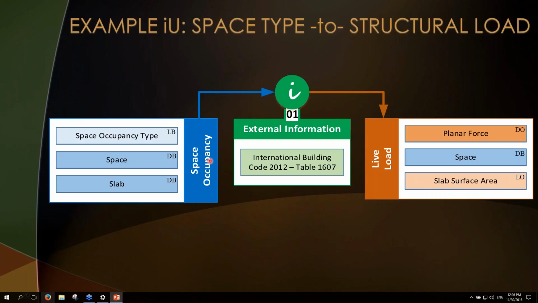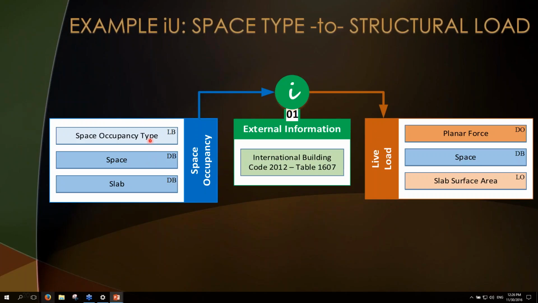So we know we have codes. In code, it says if it's a bedroom, this is the amount of live load you have to apply to your structure, to your floor system. So we want to automate this load assignment in this interpretation unit. So we want to transfer space occupancy information to live load. This is the concept layer.